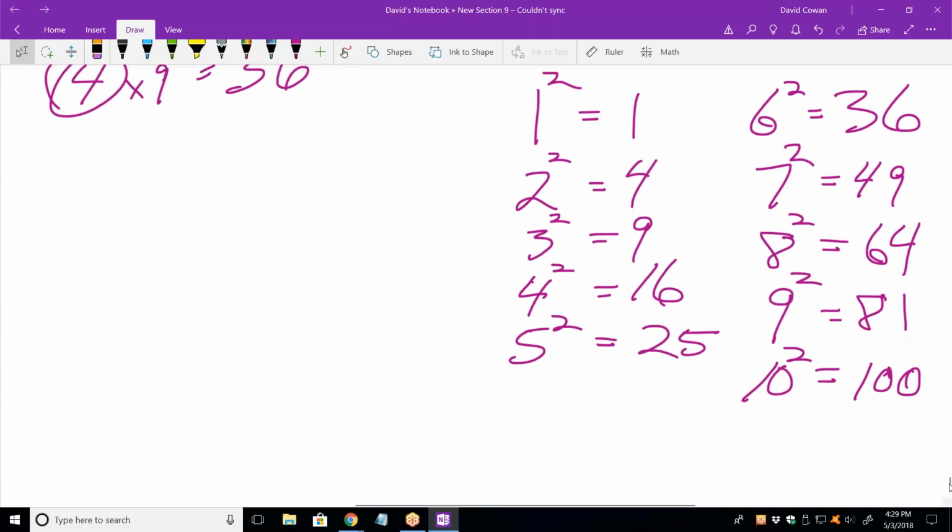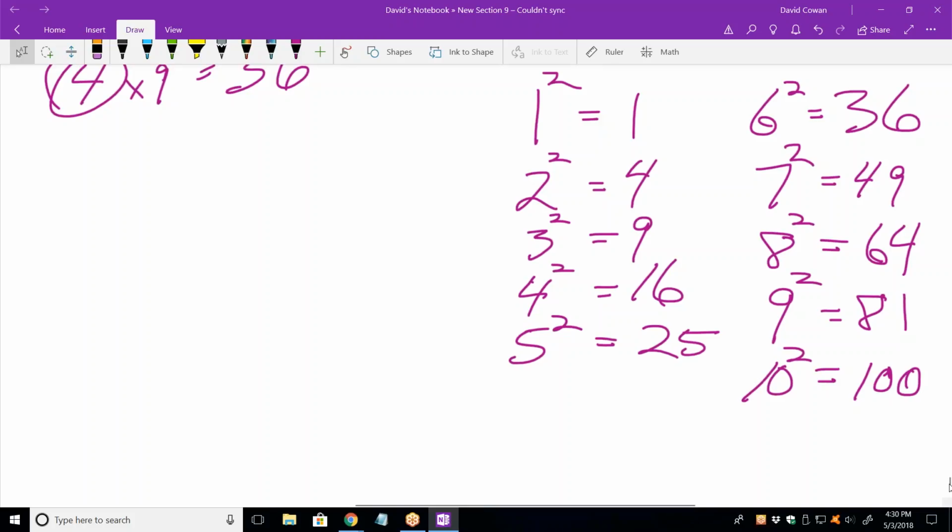Okay? Now, I wrote those up there. Those are just part of your multiplication tables, right? But they're the most important part. You will get to a point in math where you need to know your perfect square numbers. You just do. You have to memorize them. It's more important to know what 7 squared is than what 7 times 6 is.